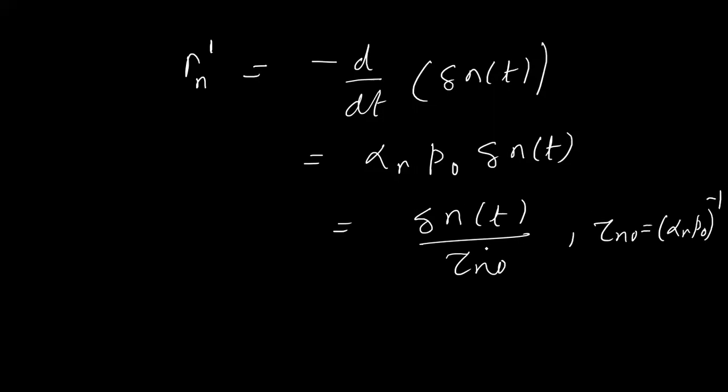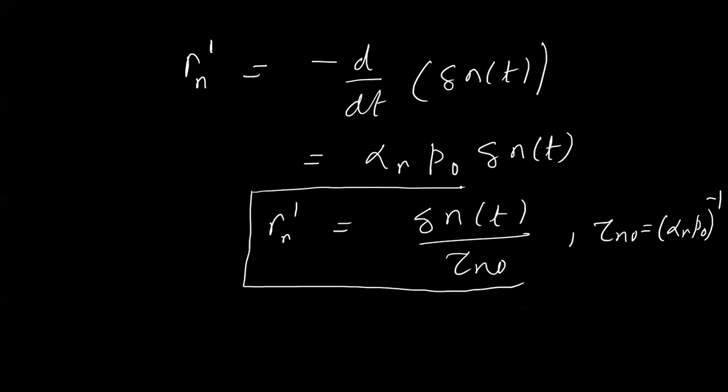So what we got, R n prime, the recombination rate of these excess minority carrier electrons in the p region, can be given by this.